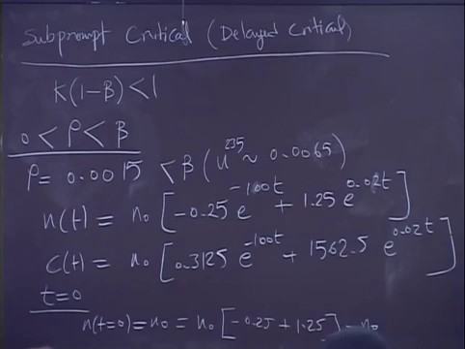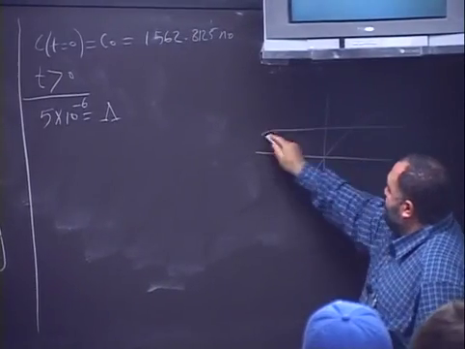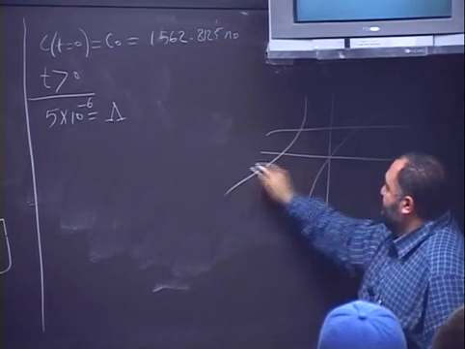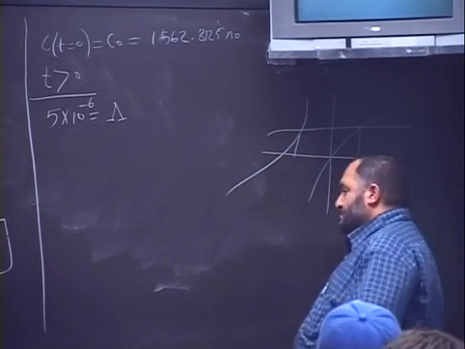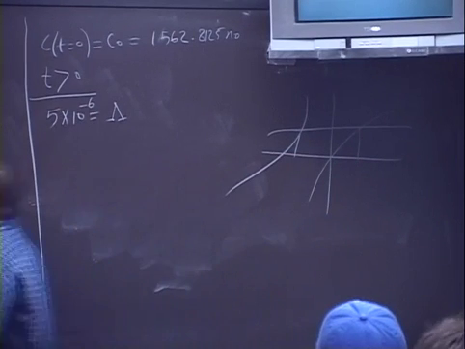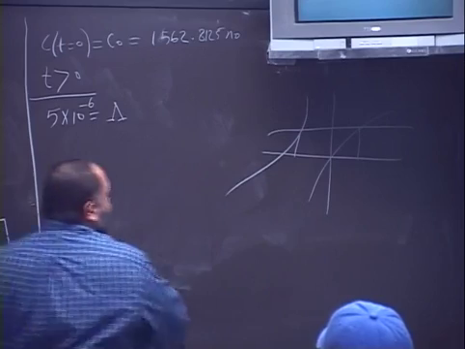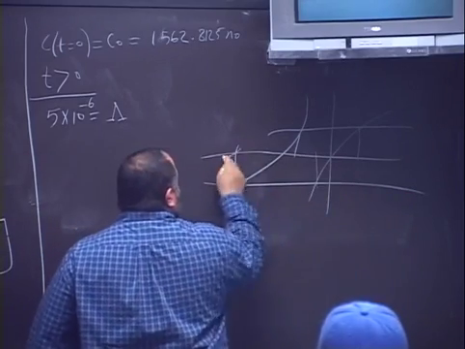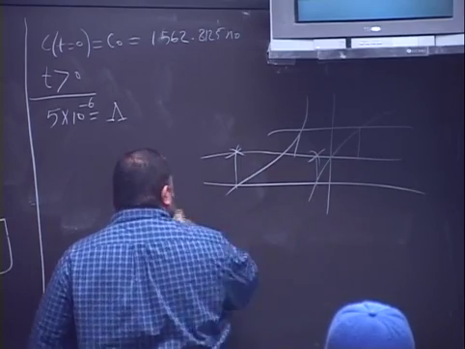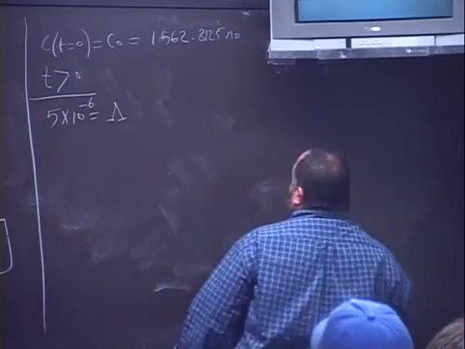So if you remember last time, if you have positive reactivity, we have one positive and one negative root. If you have negative reactivity, you have both roots negative, both zeros of the equation negative.